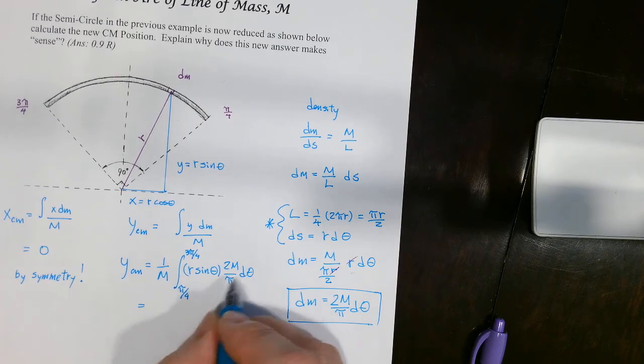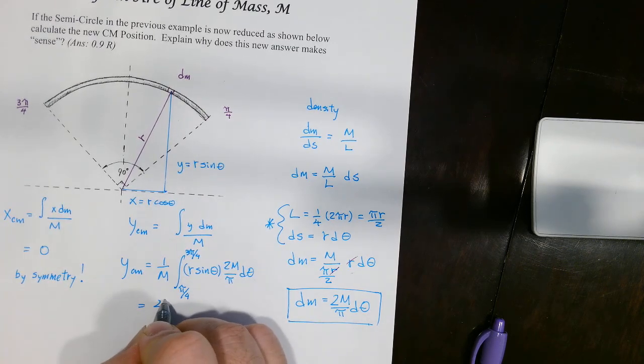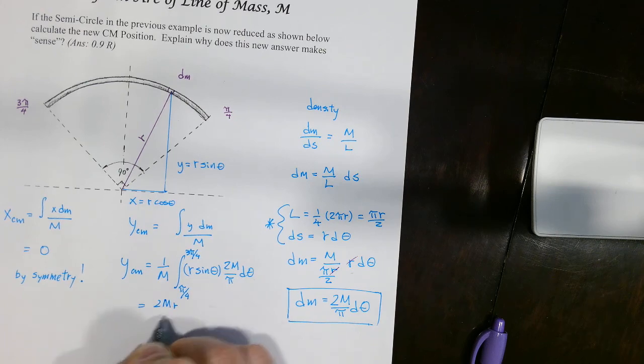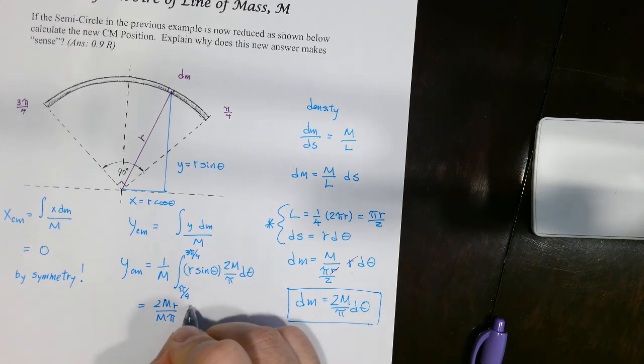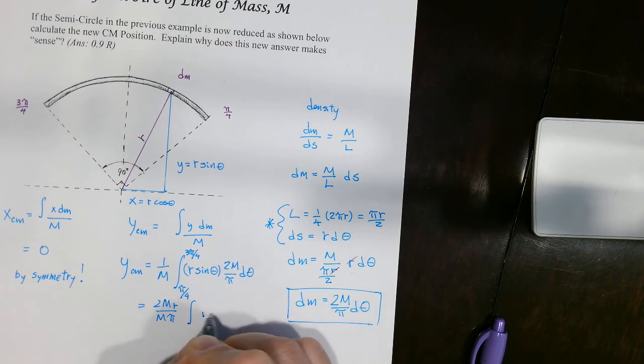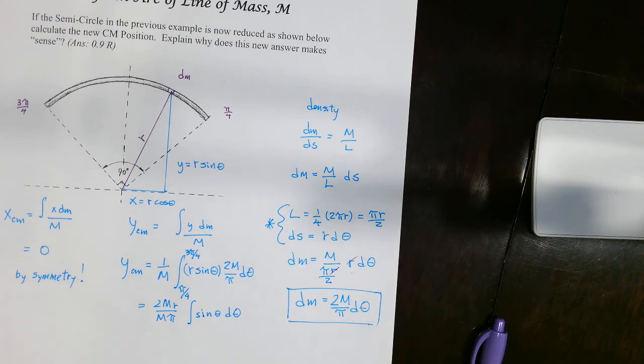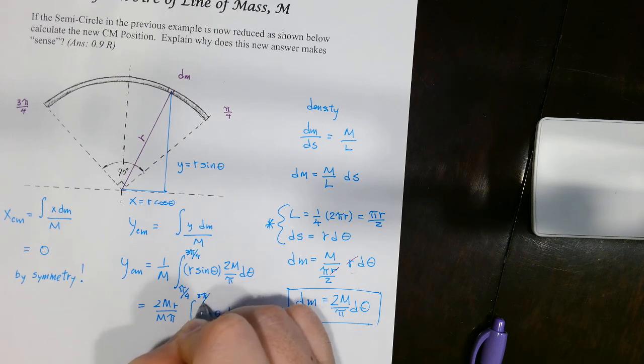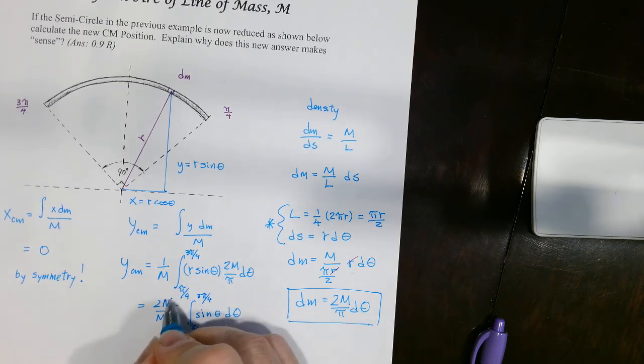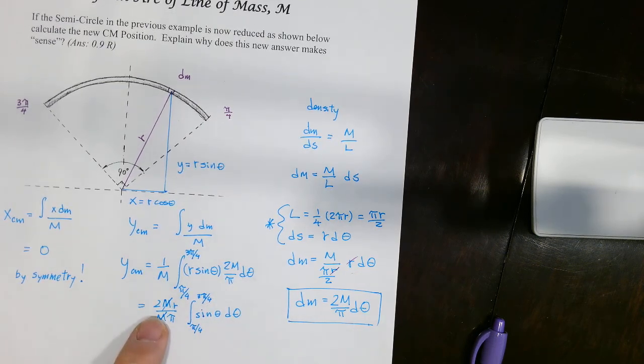So here we got 2m r over m pi. Integrate sine theta d theta from pi over 4 to 3 pi over 4. So 2r over pi.